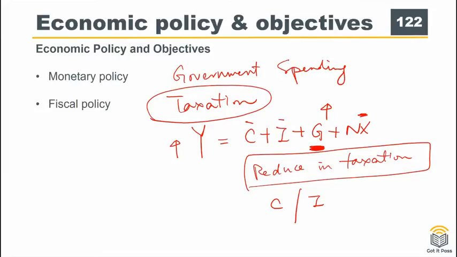So an expansionary fiscal policy can be an increase in government spending or a reduction in taxation. These two items can help to improve the overall GDP or the economic output.